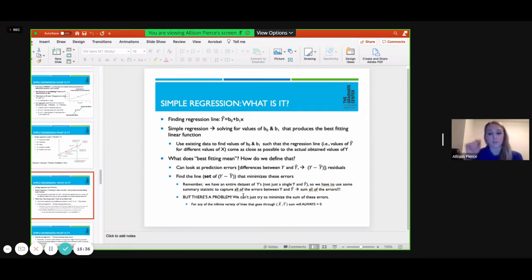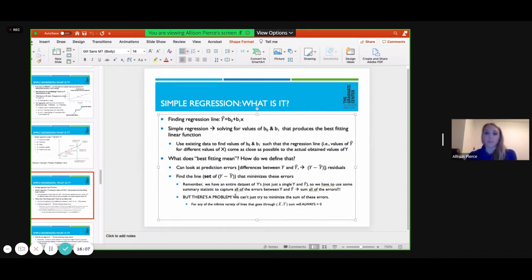We look at deviations from the mean, and then how do we summarize that? We sum them. Remember, we take deviations from the mean, square them and sum them, right? So that's essentially what we're going to do here. We take each of our deviations between predicted and observed and sum all of those errors.